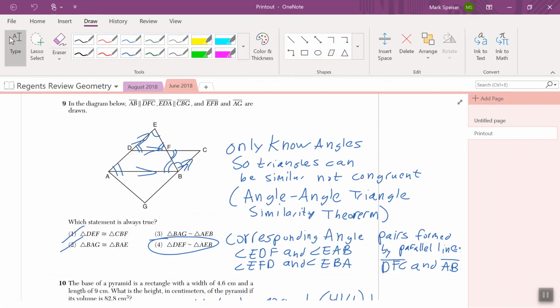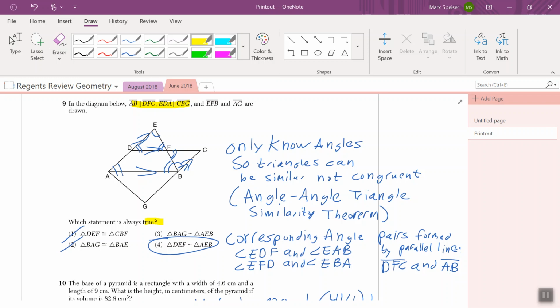Question number 9. In the diagram below, segment AB is parallel to DFC, and segment EDA is parallel to segment CBG. Segments EFB and AG are drawn. Which statement is always true? If we look at the diagram based on parallel lines, you have corresponding angles.